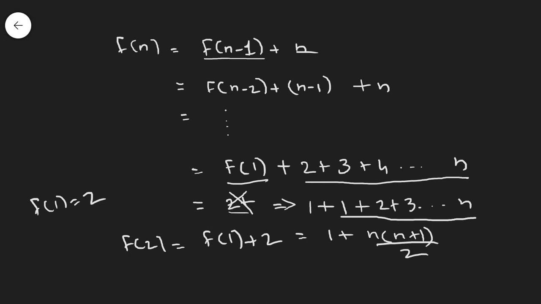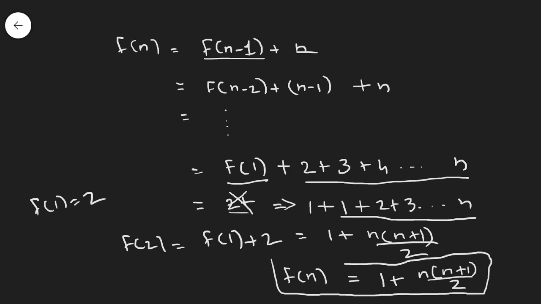You know what I'm talking about. So we get the formula: if we draw n lines, the number of regions the plane gets divided into is 1 plus n times n plus 1 divided by 2. So this is the answer we have been looking for.